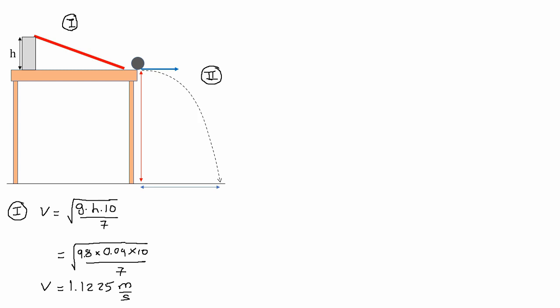So in part 2, our goal is to calculate this velocity, which we already know from part 1, but we're going to verify how close we get using projectile motion. As you can see, as it takes off the edge of the table, this dashed line is the trajectory of this ball.